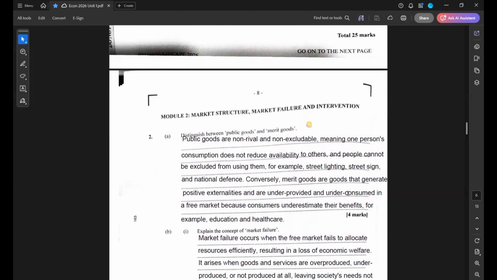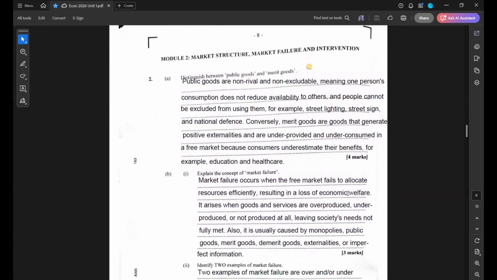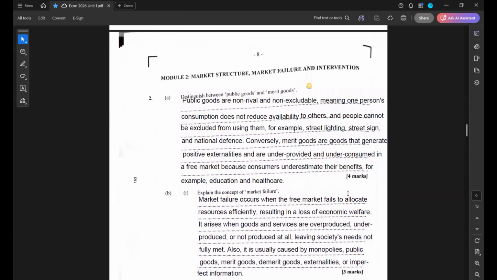Part B, we want to explain the concept of market failure. Market failure occurs when the free market fails to allocate, in other words share, resources efficiently, resulting in a loss of economic welfare. It arises when goods and services are overproduced, underproduced, or not produced at all, leaving society's needs not fully met.